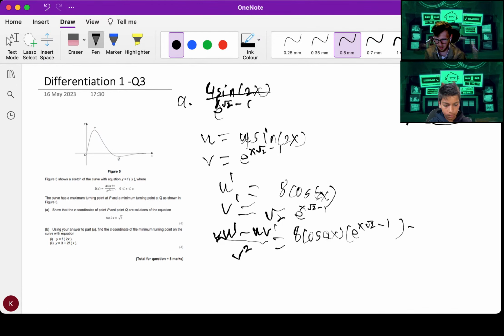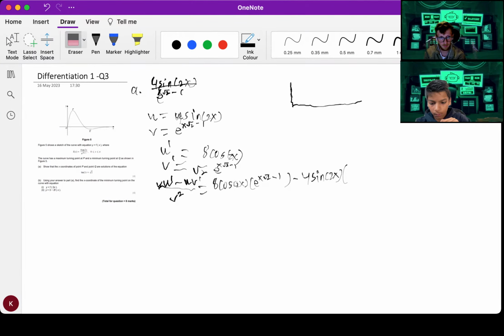Yeah, spot on. Take away u, that's 4 sine 2x, times the derivative of v, which is root 2 times e to the power of x root 2 minus 1.